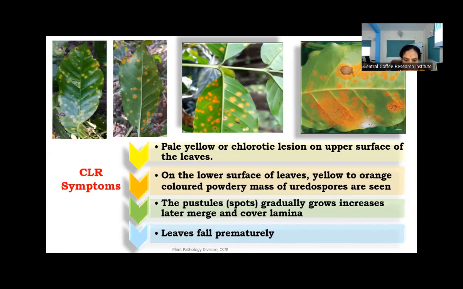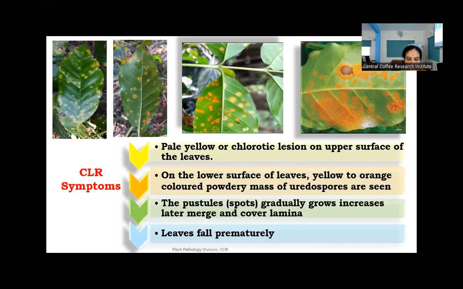These deposits are called urediniospores, which are the propagules for further dissemination of the disease. The pustules in the initial stage are small speck-like structures, and slowly they grow, and the neighboring spots coalesce, merge, and cover the entire lower surface of the leaves.